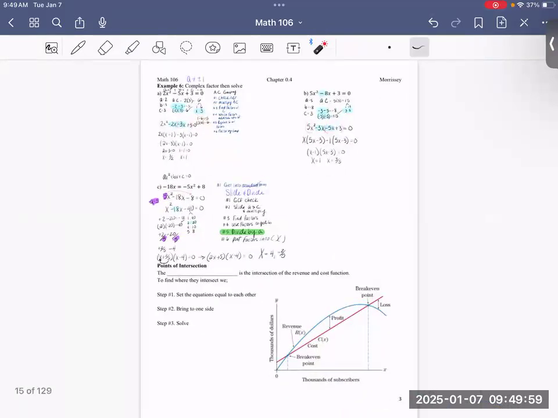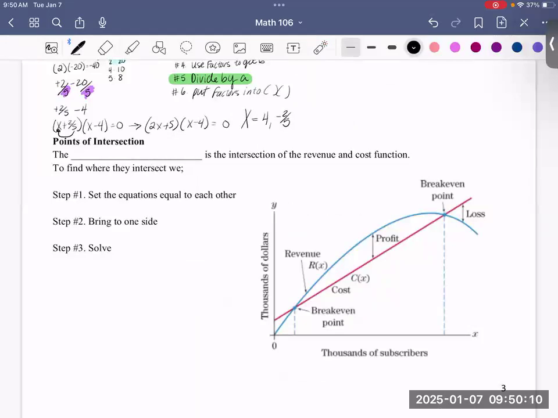All right, now before we wrap it up, we are going to talk about the points of intersection or the break-even points. So points of intersection or break-even points is the intersection of revenue and cost function.